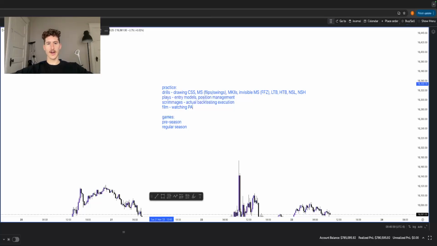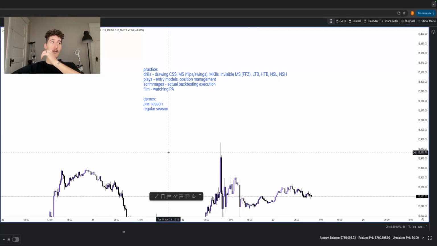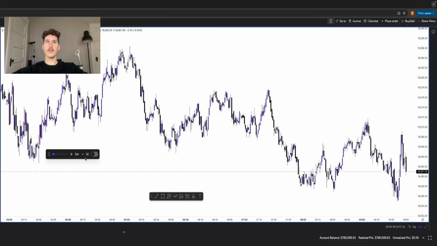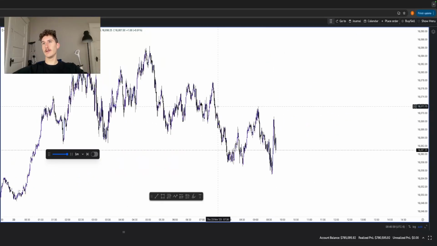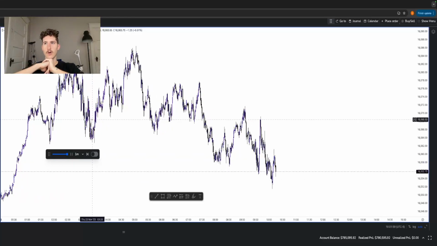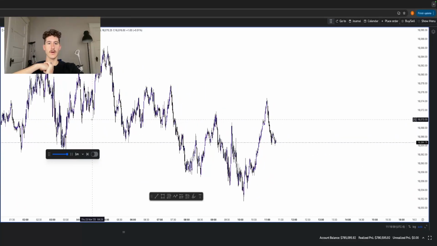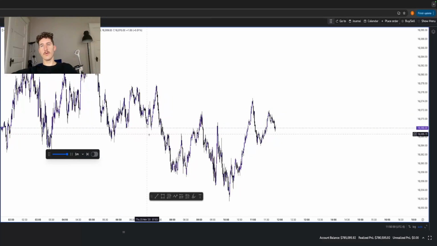That might fall under games a little bit more, like reviewing your own trades, journaling, or whatever. But film, you are watching price action. What that looks like for me, when I'm in film mode, is I'll throw on the 1 minute or something, put it on max speed, and play it. This used to be a lot more important to me. I would say that this makes up a smaller component than the other three, but it is also important regardless.